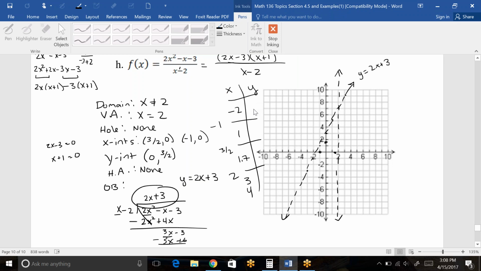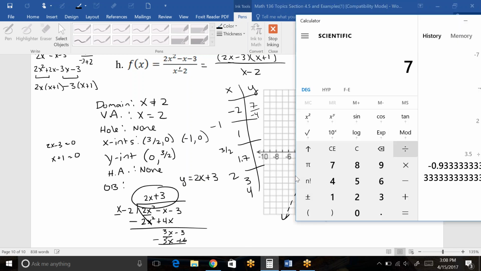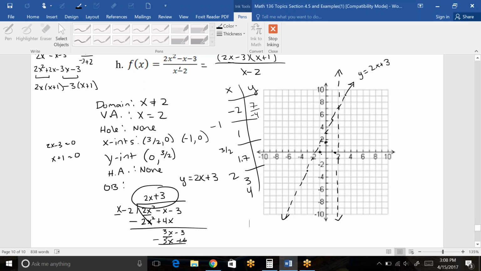So for this first one right here, this is going to be a 7 on top, and then -2 minus 2 is a -4 on bottom. So that is 7 divided by 4, about -1.75. So I'm going to be down, which is kind of what I expected. I expected to be stuck right here inside this boundary.